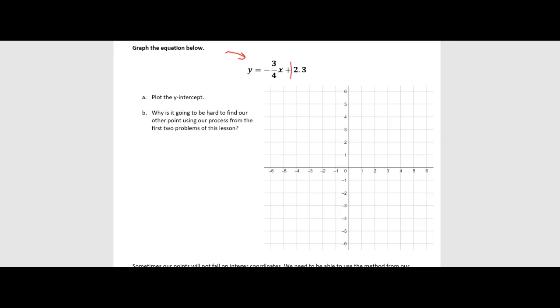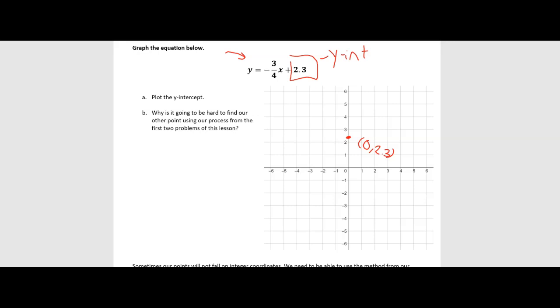Okay, so the y-intercept is 2.3, so I can plot that. It's going to be a little after 2, somewhere before 3. Right, so that's (0, 2.3). Now, this graph is ticked off by 1s, but our starting point, our y-intercept, is not on one of those corners of our squares, right?